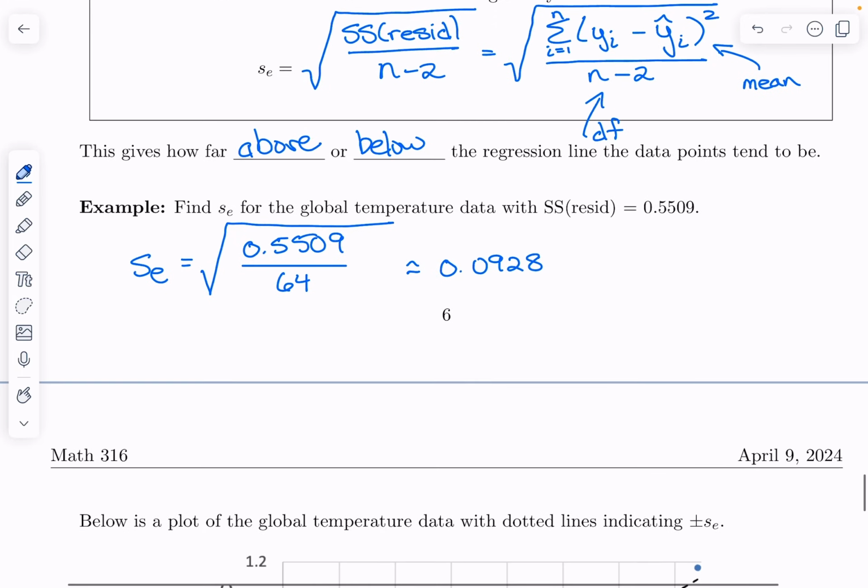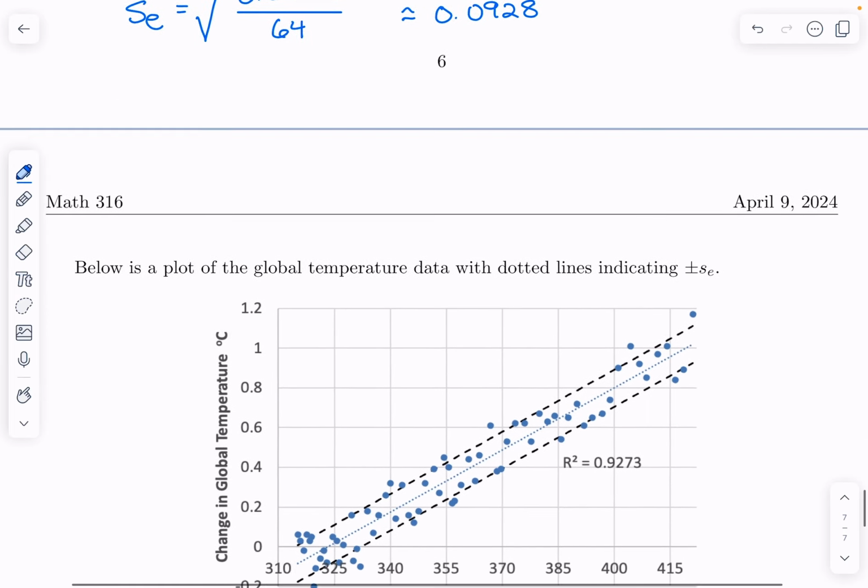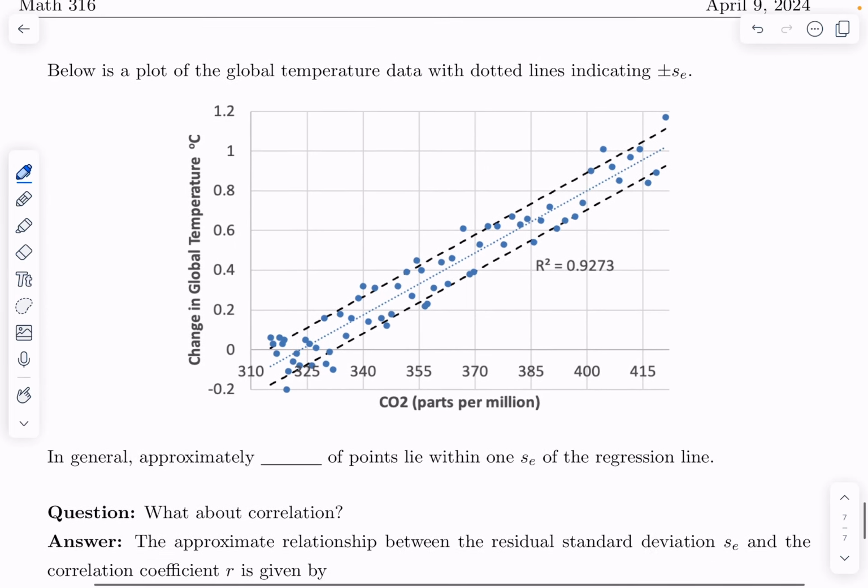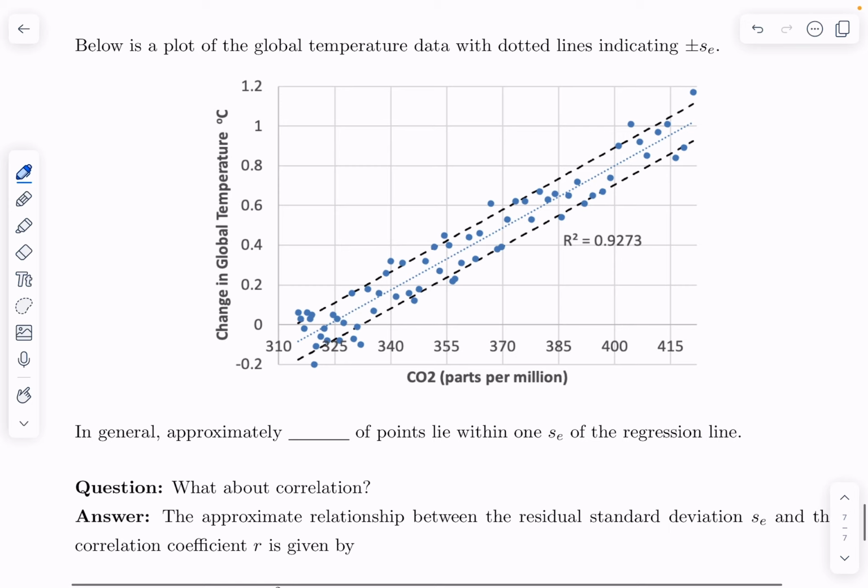Okay, so let's see how this looks on a graph of our data. Here we have a plot of our global temperature data: change in global temperature versus CO2 levels in parts per million. And you can see we have our regression line.